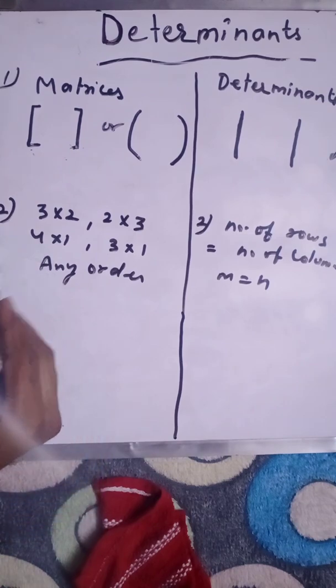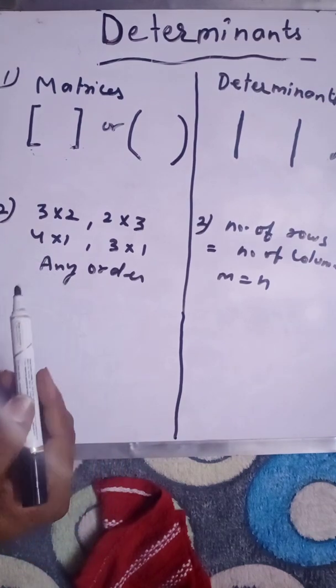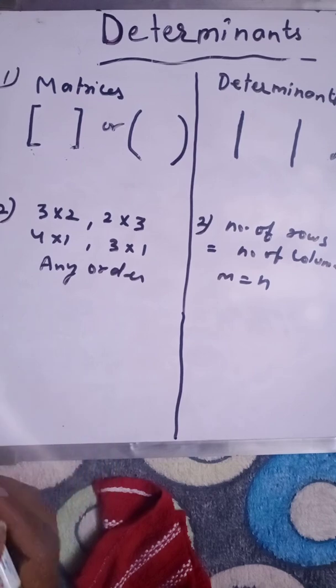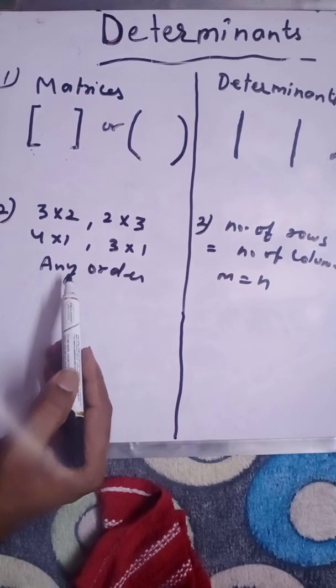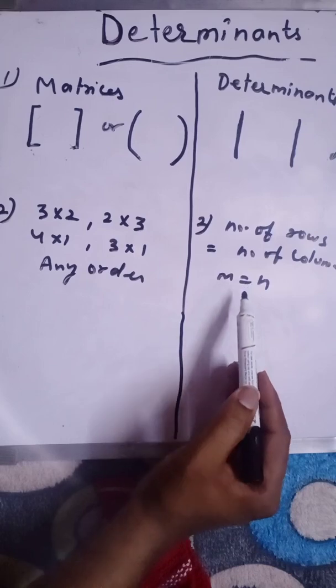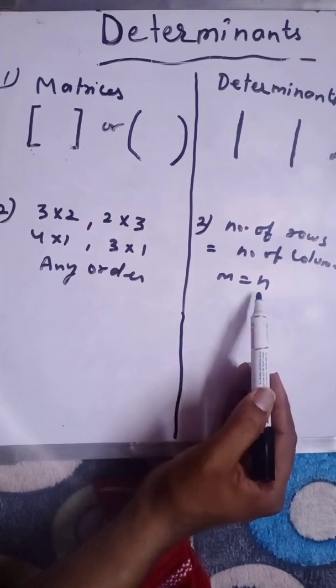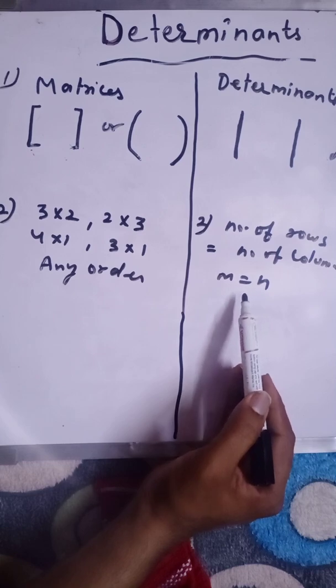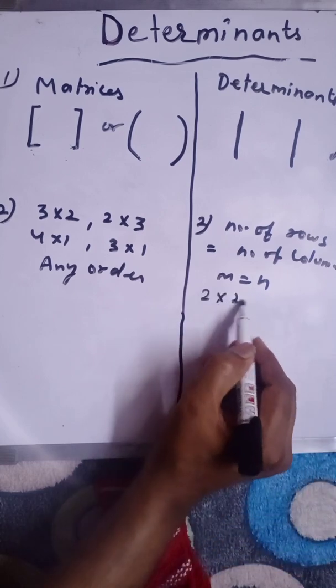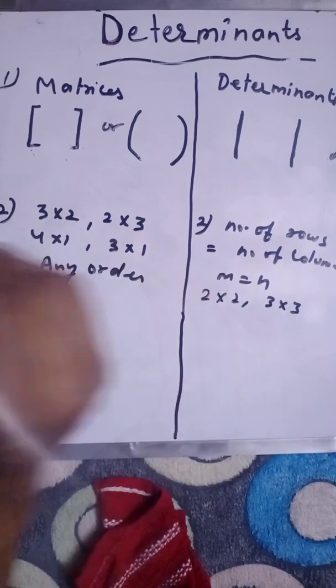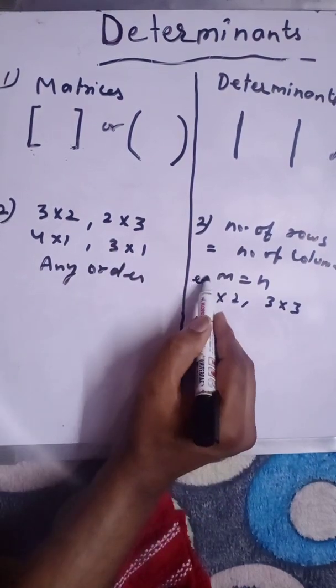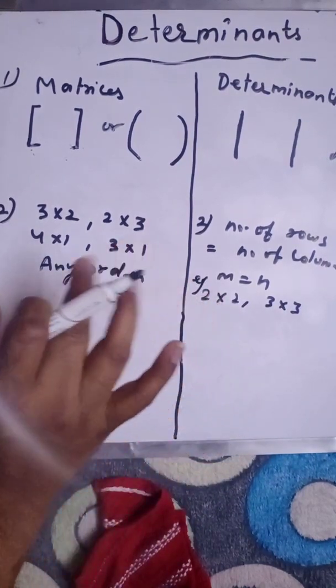Fine. And the second difference is that matrices can be of any order, but in determinants the number of rows and number of columns must be the same. Got it? Order may be 2 by 2, 3 by 3. For example, here the number of rows and number of columns must be the same.